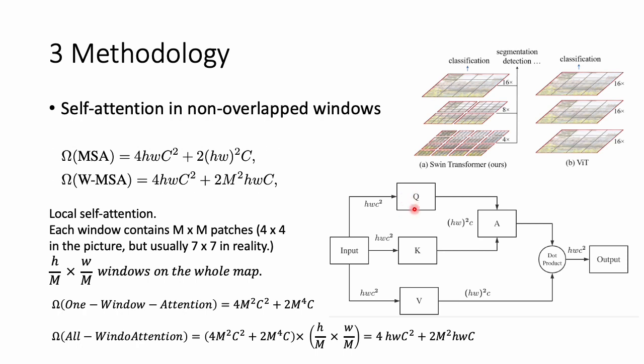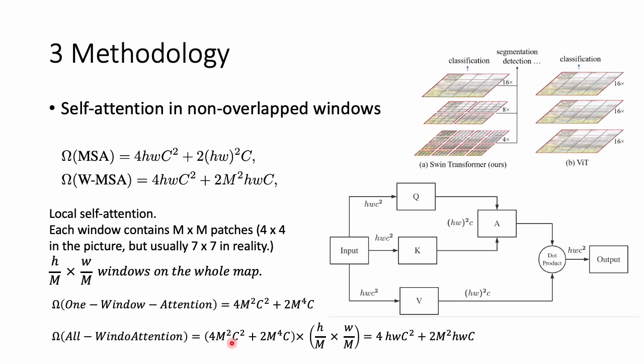When Q multiplies K, the cost is HW²C. Another HW²C is produced by A multiply V. After we get the dot product of the A and V, we need one more projection layer. That cost will be HWC². Therefore, in total, 4HWC² plus 2HW²C.